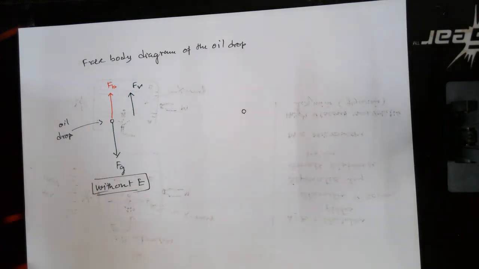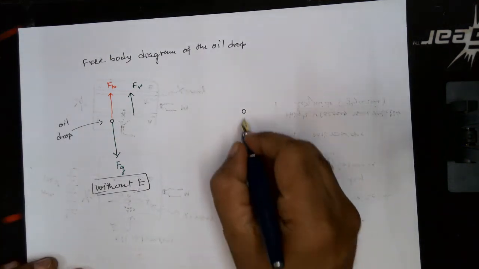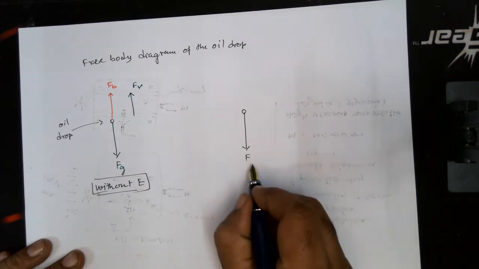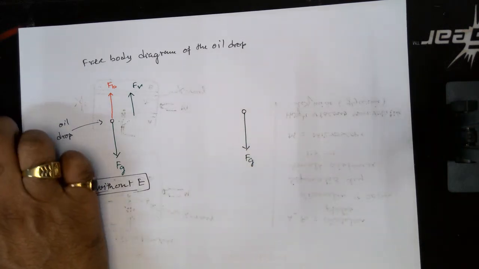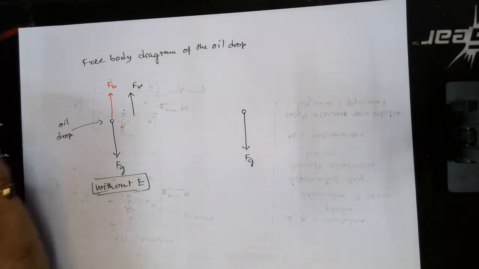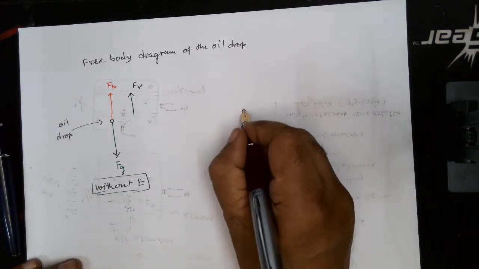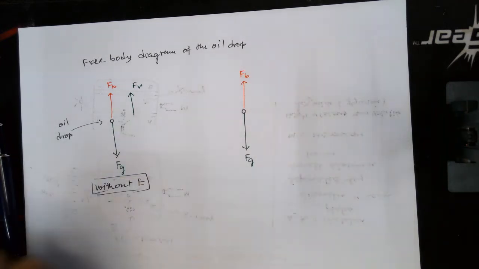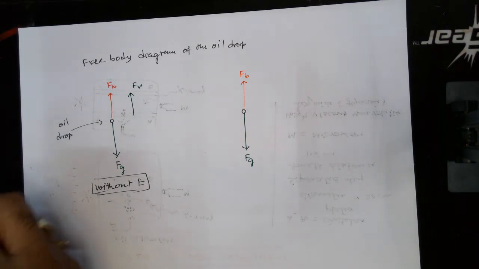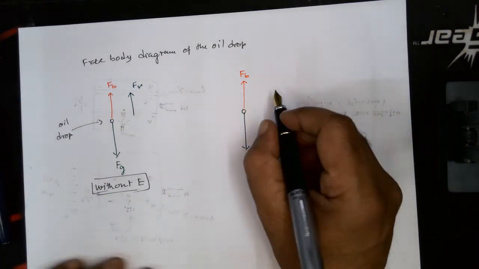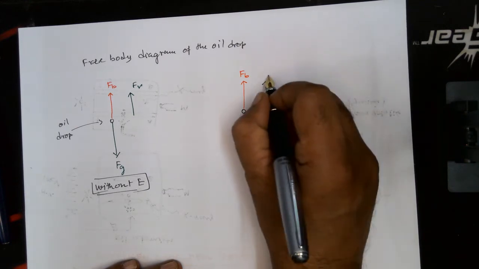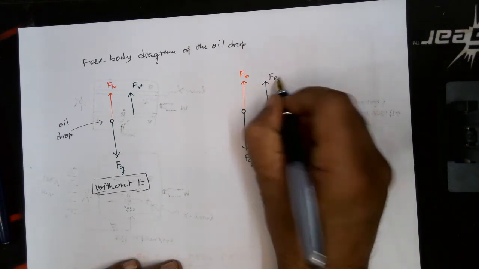So this is as usual the force due to gravity, this is the buoyant force, and we have the force due to electric field.